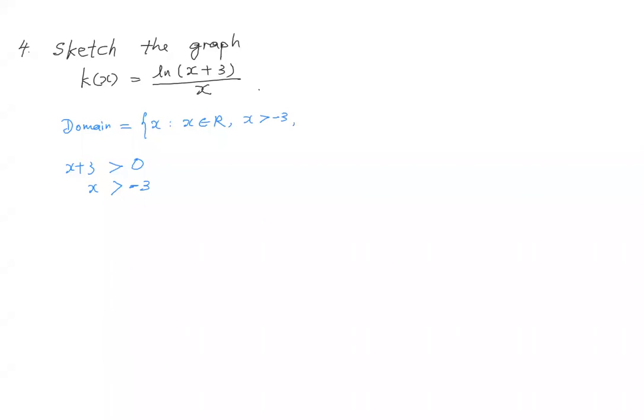Is that all? Is that all? Yes, Miss. Yes, that's all. I closed the bracket already. x cannot be 0. Yes. Do you know this is a rational, and in the rational there is a ln?